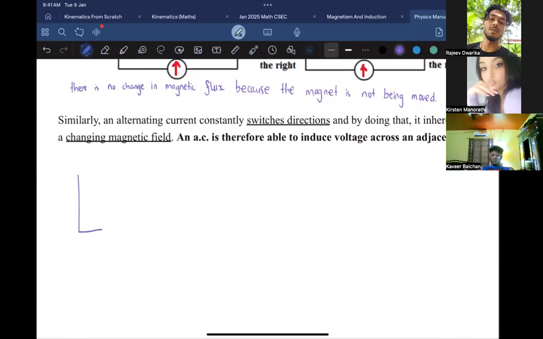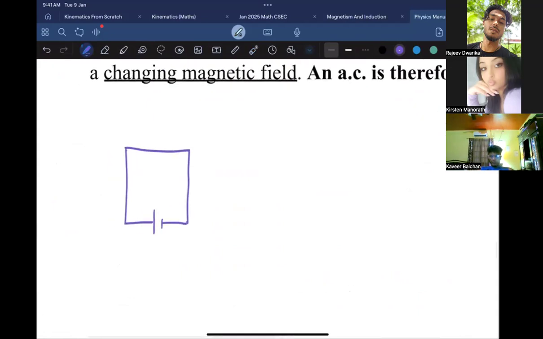I'm going to put on a DC circuit first. So Kirsten, which end is positive and which end is negative?